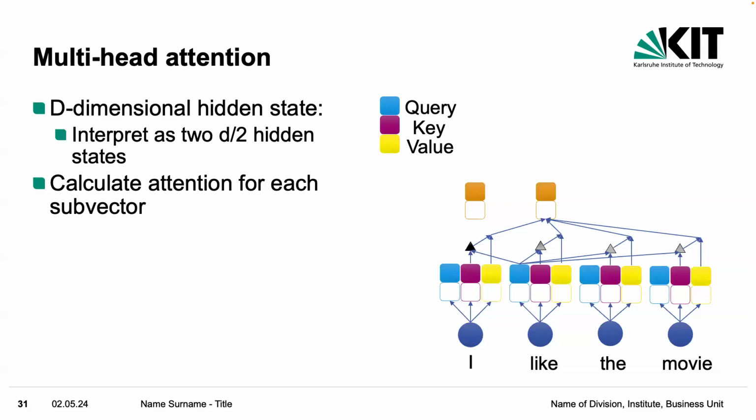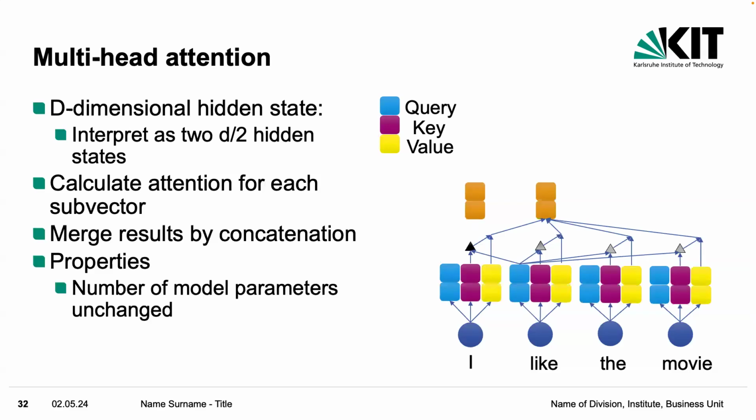We do exactly the same calculation, but you're no longer saying that you have one fixed attention; once your attention is based on the lower ones and once it's based on the upper ones. Now you have two results, and what you can then do is just merge your two orange results here to get your new hidden state.